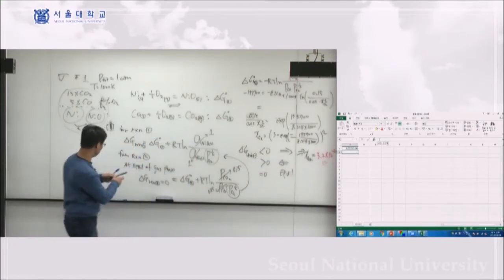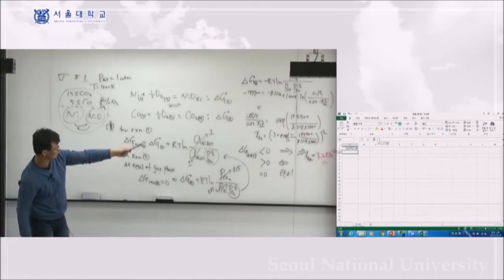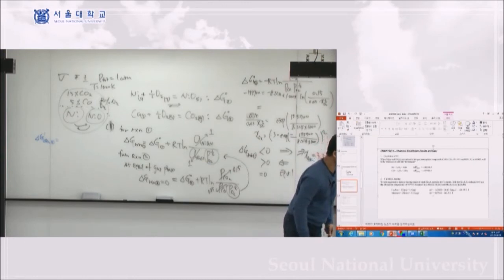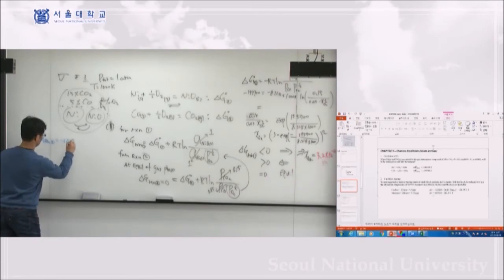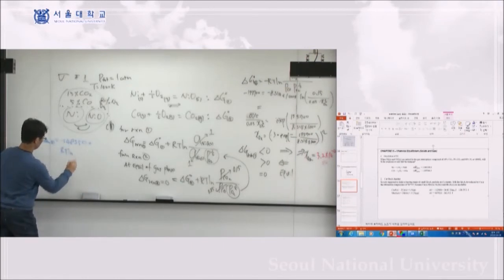So then this delta G naught 1 becomes delta G 1. Delta G naught 1 was minus 148350 plus this value, RT ln partial pressure, so PO2.